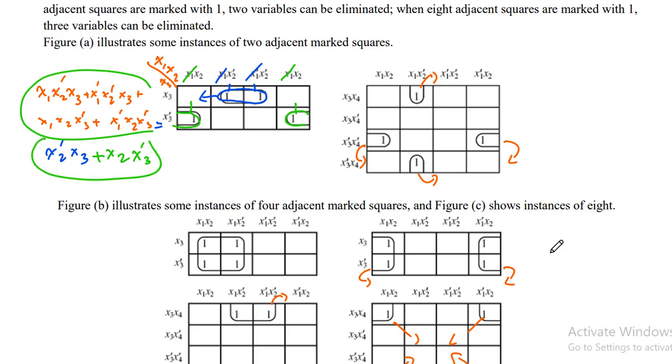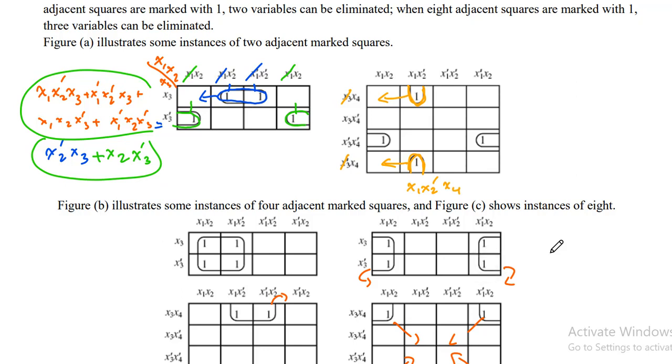So similarly, let's do the next example. I want to think of this group here. This is one group of 2. So on the top, there is only one thing in common, which is x1, x2 not. But right here, if you look this way, what changes? x3 not changes. So what's left is x1, x2 not, x4.